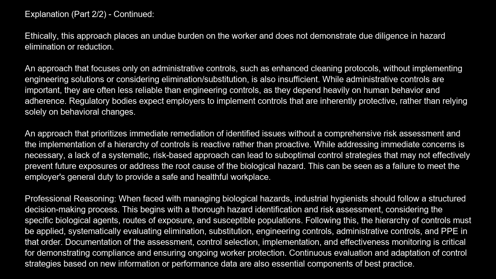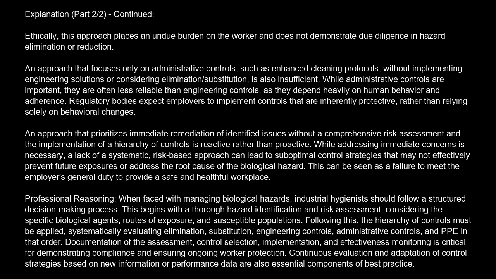Professional reasoning. When faced with managing biological hazards, industrial hygienists should follow a structured decision-making process. This begins with a thorough hazard identification and risk assessment, considering the specific biological agents, routes of exposure, and susceptible populations. Following this, the hierarchy of controls must be applied, systematically evaluating elimination, substitution, engineering controls, administrative controls, and PPE in that order.